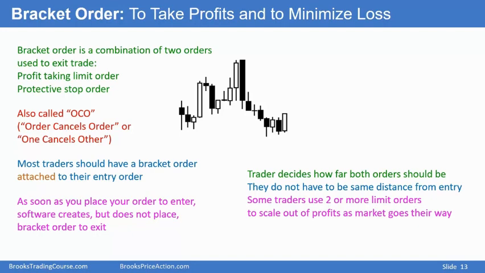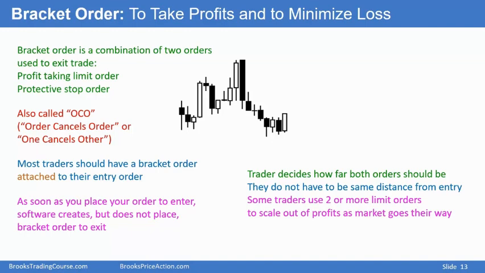Some traders split the profit-taking limit order into 2 or 3 smaller orders. They want to scale out, take some profit quickly, and take other profit as the trade goes their way. For example, let's say you are long 3 units. Your stop, therefore, is for 3 units below the market, and you might have 3 limit orders, each for 1 unit above.